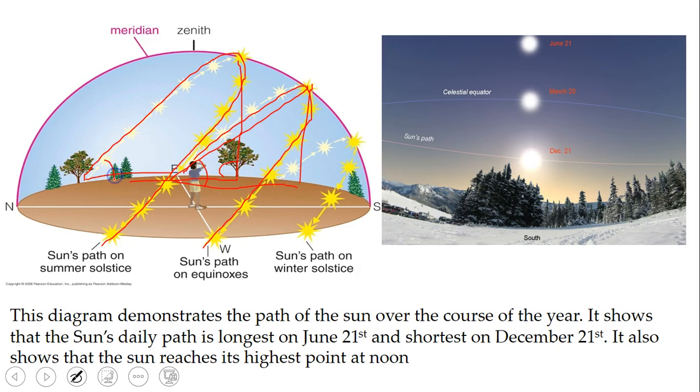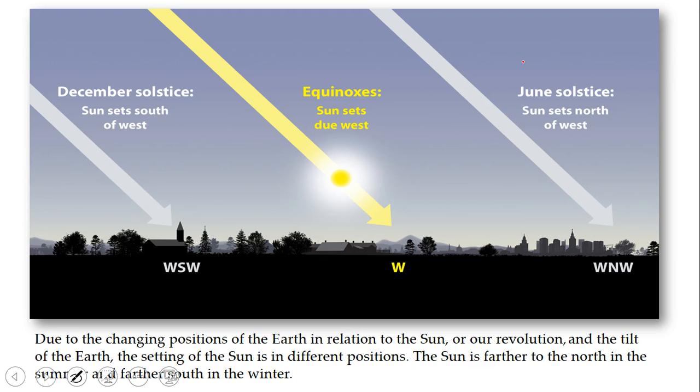So these angles are constantly decreasing as you progress throughout the year. Okay, so whenever you look at the altitude of the sun off of the horizon, how high is it off the horizon? That depends on what time of year it is.